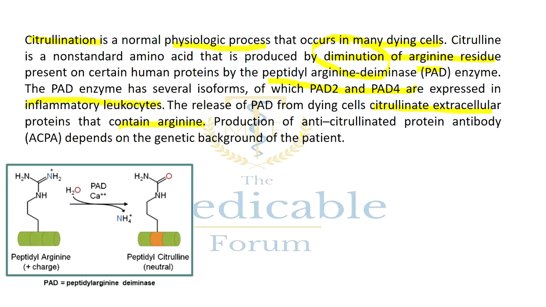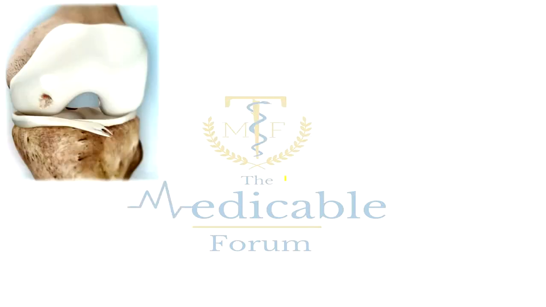So the production of anti-citrullinated protein antibody depends on the genetic background of the patients, which means the MHC alleles. You see here this amino acid residue, arginine, in the presence of PAD becoming a peptidyl citrulline. This citrulline usually takes a cyclic form, hence it's called a cyclic citrullinated peptide.